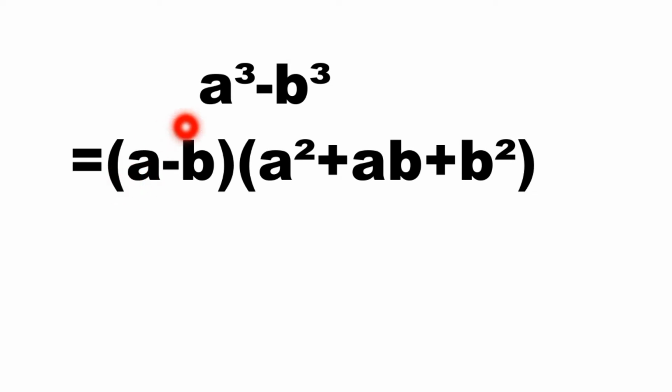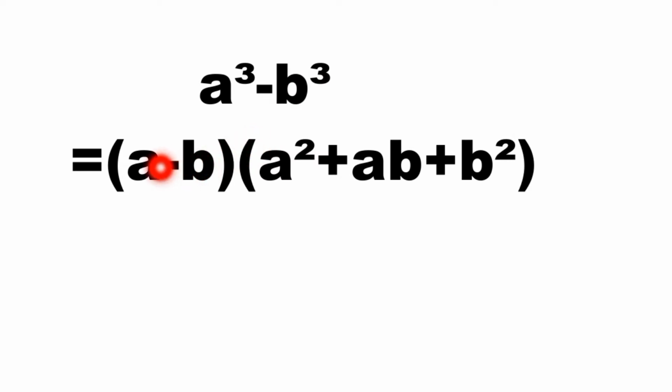The binomial factor: a is the cube root of the first term of the binomial cube, and b is the cube root of b cube.